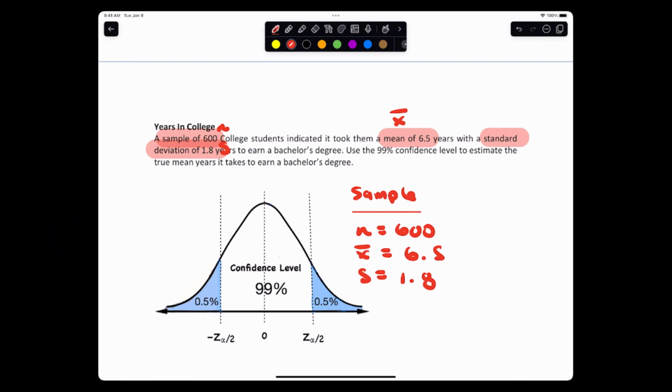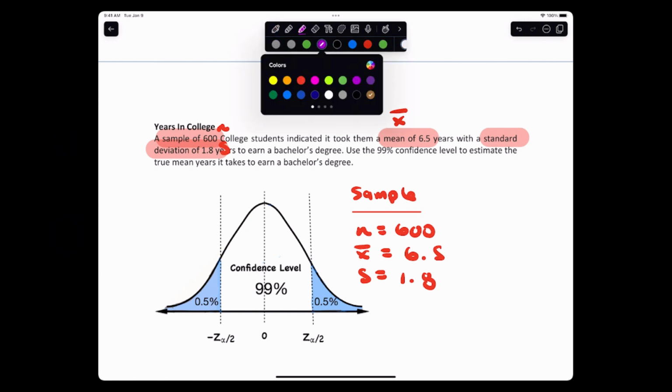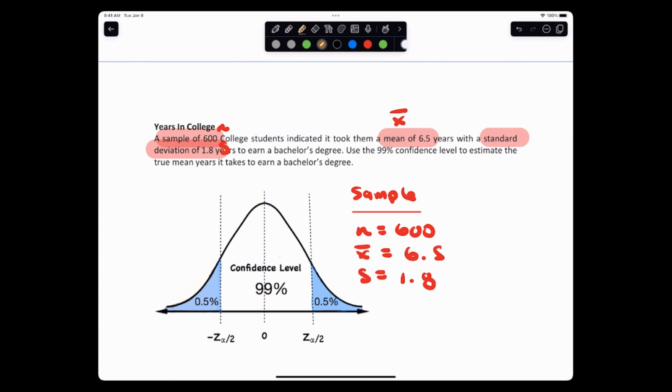Now, that's sample. Now, they say use the 99% confidence. I'm going to use purple, I guess. Use a 99% confidence level. Didn't I tell you guys that the bow there is 99%? And then what do they want me to do? Estimate the true mean.